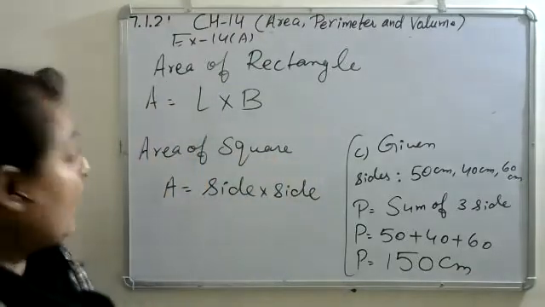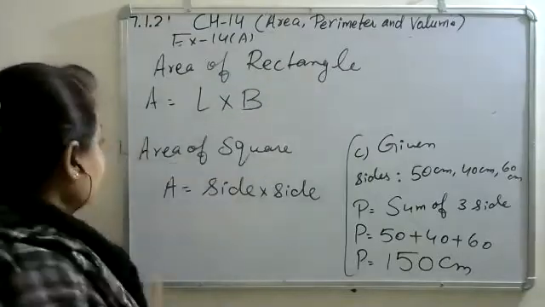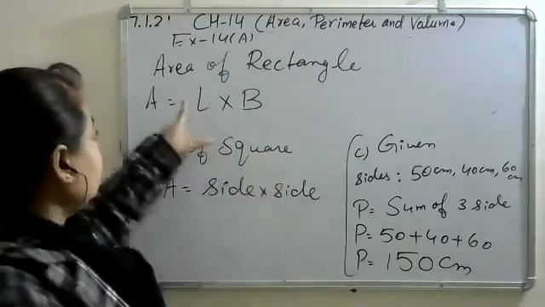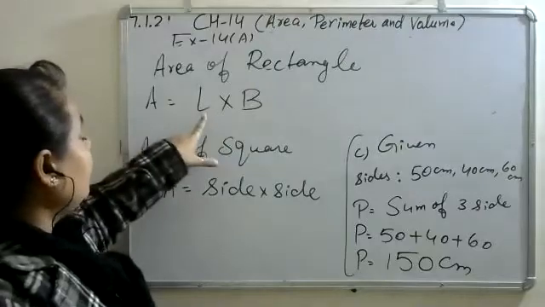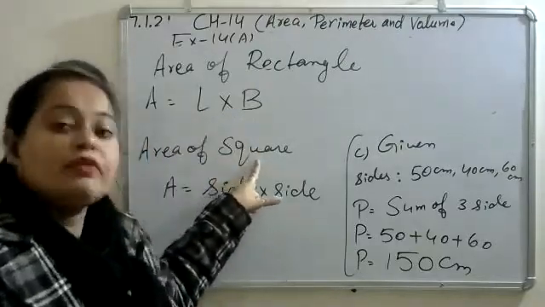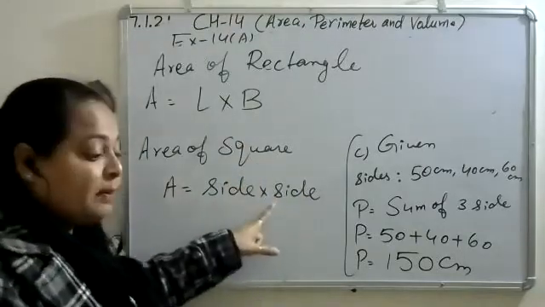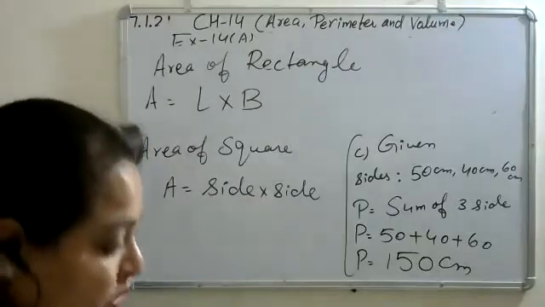As you know, in a square all four sides are equal. So area is side multiplied by side. So note down both the formulas.